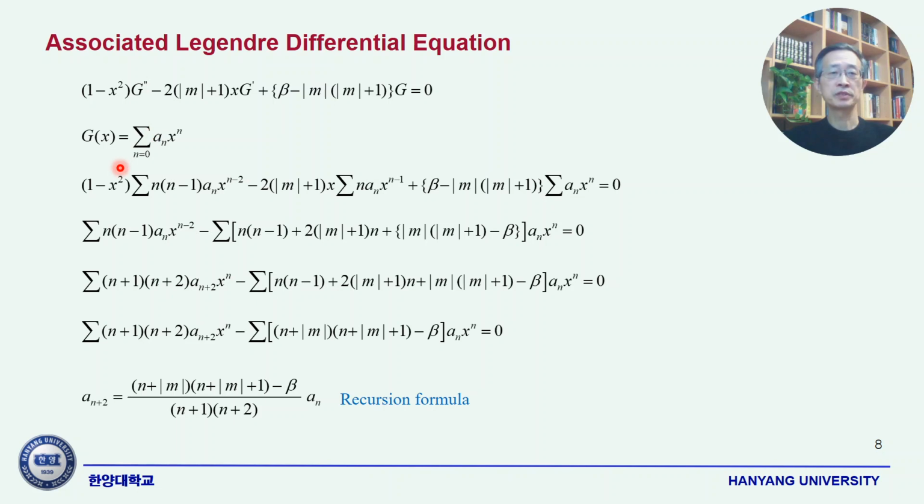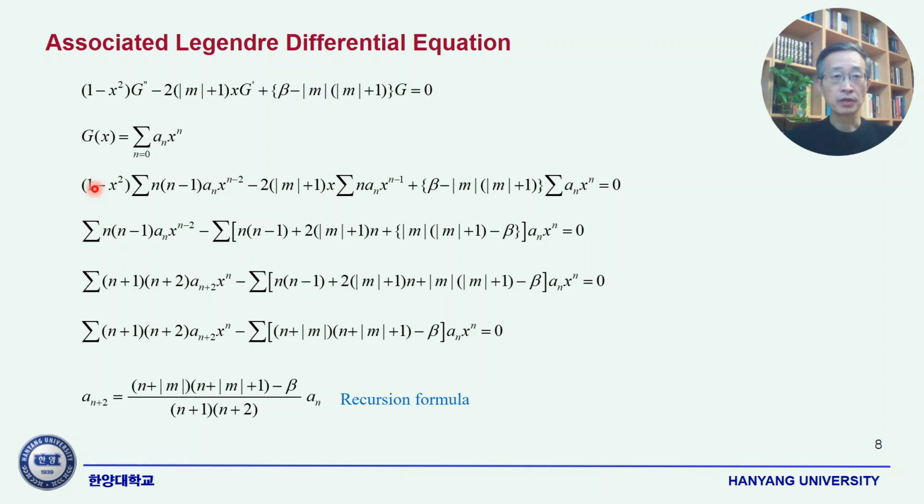The first derivative of this is n a_n x to the n minus 1, and the second derivative is n(n minus 1) a_n x to the n minus 2 power. And this is just a repeat of the function.